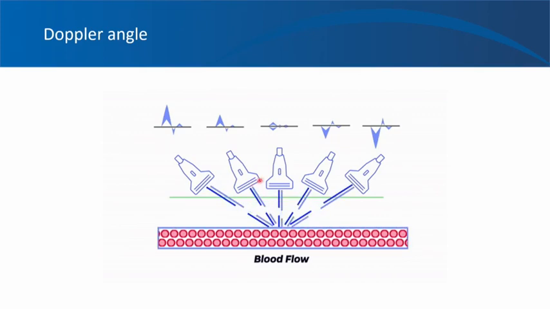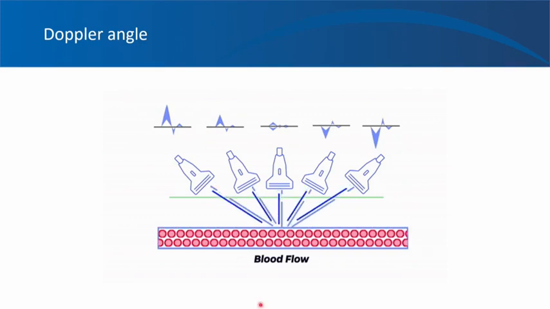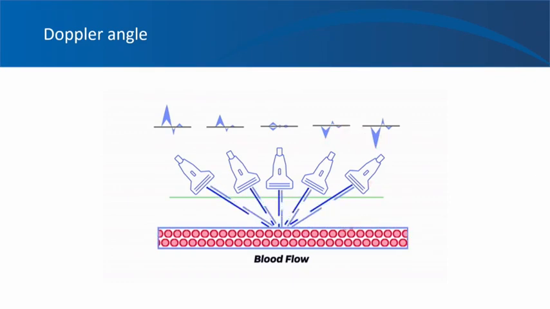And as the angle increases, sometimes the detection can be higher also, but overall there will be inaccurate velocities. And these waves above the baseline tell you that the blood is in the direction of the transducer, and velocities displayed below the baseline will tell you that the blood is going away from the transducer.